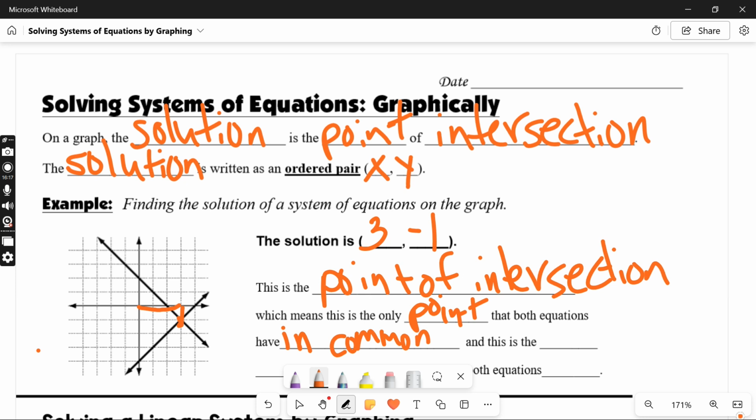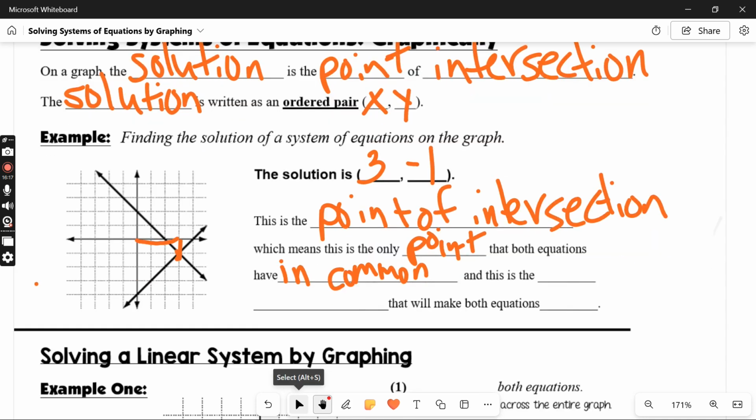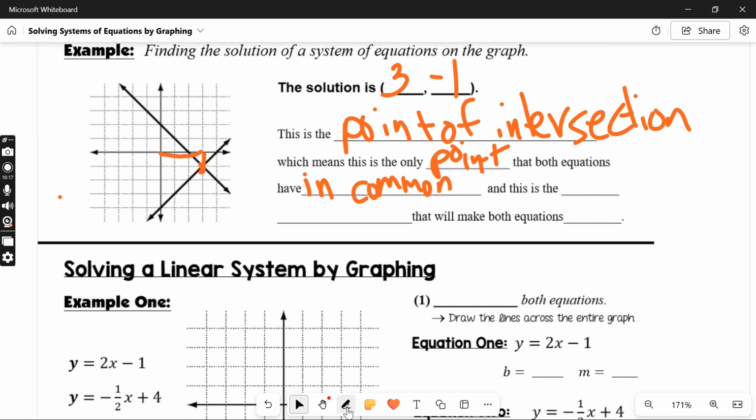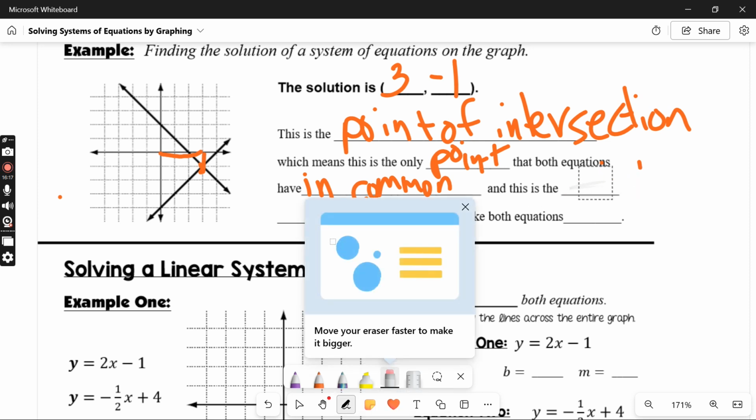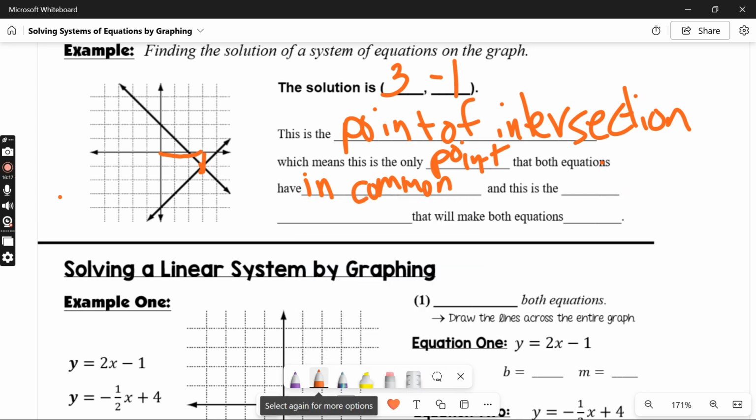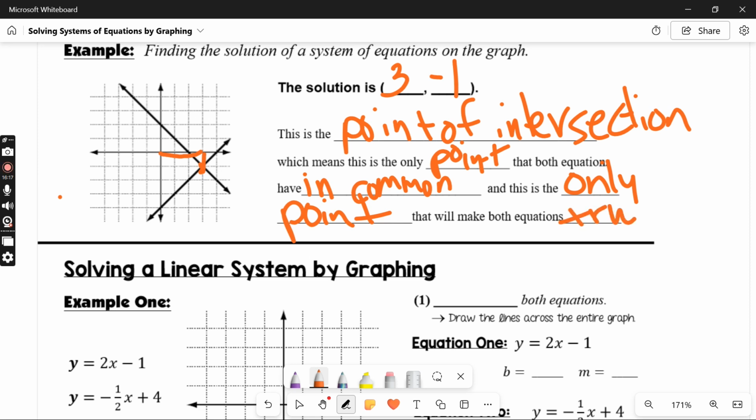And this is the only point that will make both equations true.